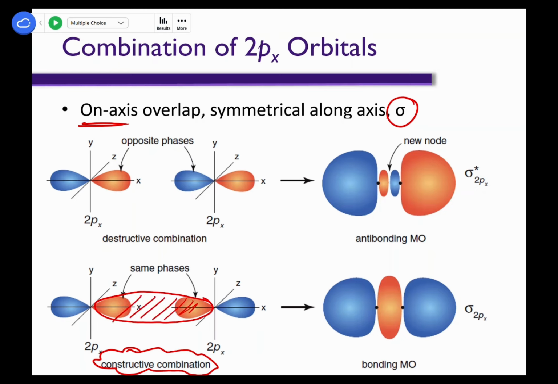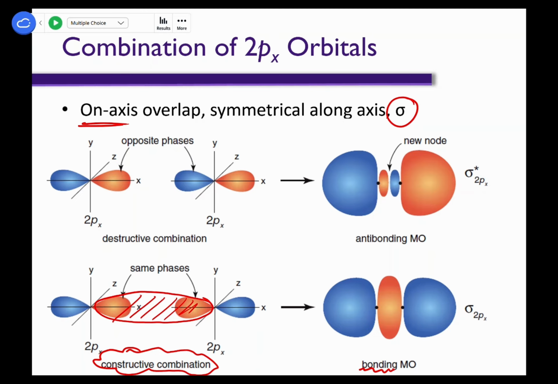So they're both positive phase or both negative phase, doesn't matter, they're both the same phase. So as they come into proximity, just like my eggs over here, they can form a lobe that combines and have a new molecular orbital that we classify as a bonding molecular orbital because they combined in phase.